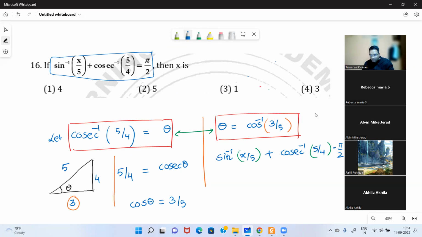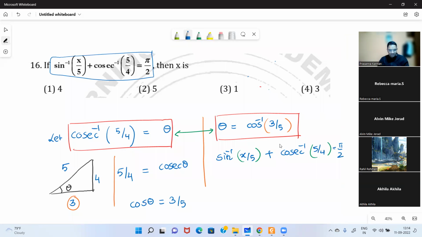The reason why I found cos, can anybody tell me why I was interested in finding out cos? Since sine inverse x plus cos inverse x is pi by 2. Therefore, if I write it in terms of cos inverse, it becomes that much easier for us to find out.